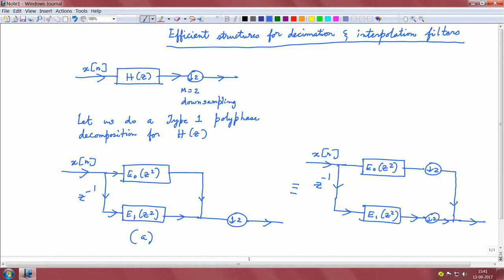Not much insight, but I think we would be seeing something interesting if we could swap the downsampler and the filter in each of the parallel paths using Noble identities.